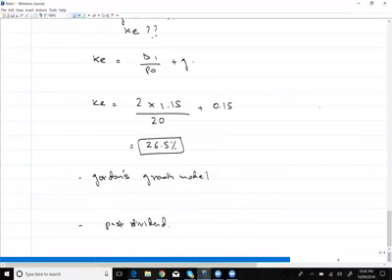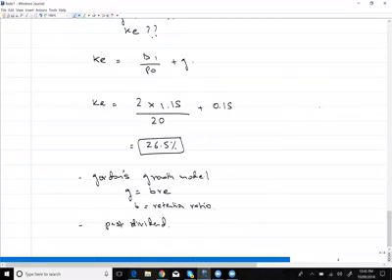Now, in Gordon's growth model, we use the equation g equals b r e, where b is the retention ratio.